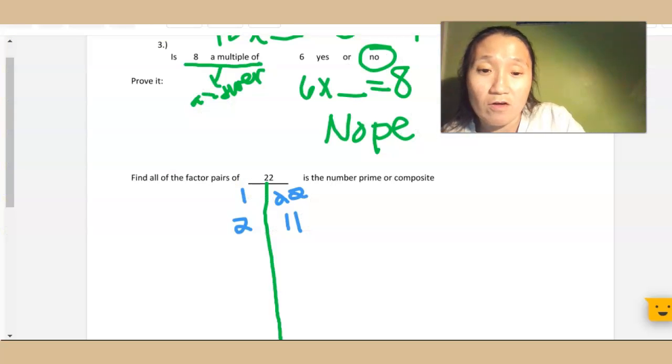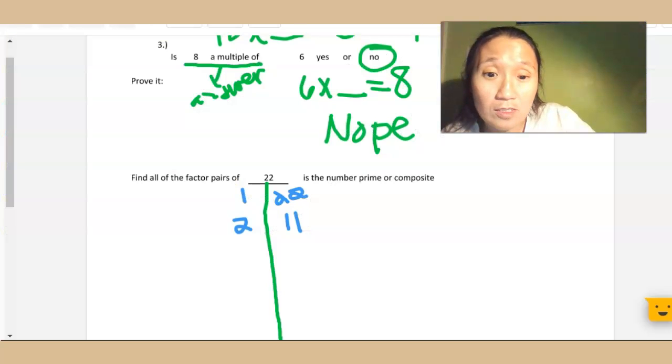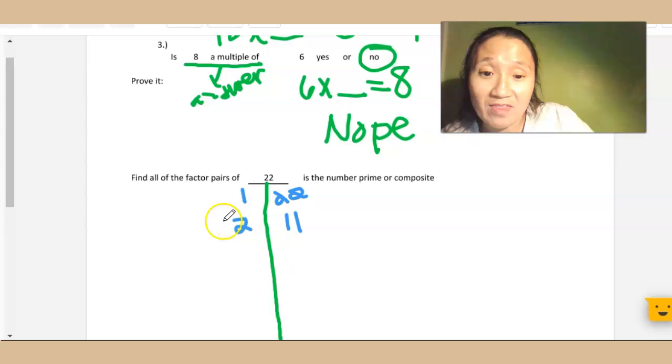How about 4? 3 doesn't work, so 4 doesn't either. Nope. 5 won't work. 6, does 6 work? Nope, 6 does not work. 7 does not work. 8 does not work. 9 does not work. 10 does not work. 11 works, but it's already there.